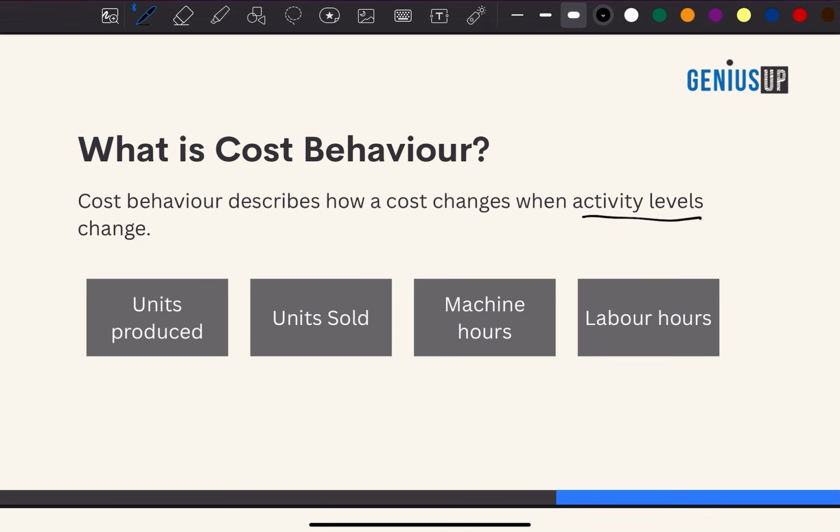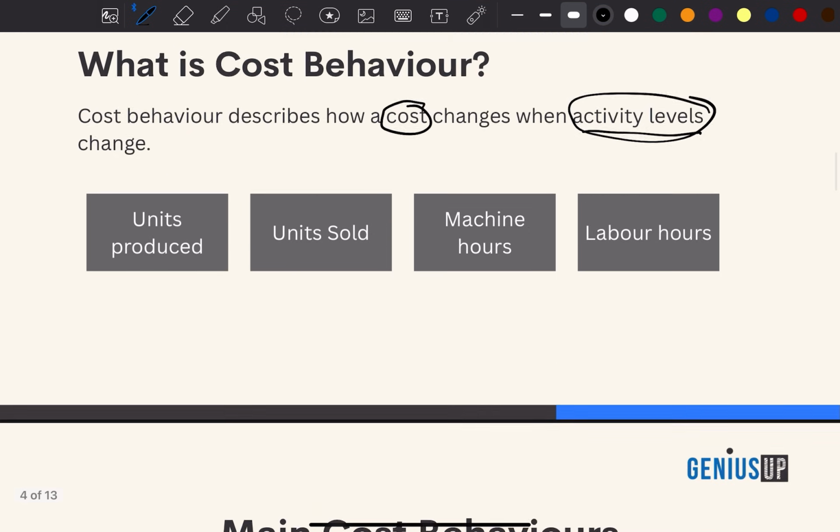If we sell more units, does the cost stay the same or change? If we use more machine hours, or more labor hours, does the cost stay the same or change? So that's cost behavior: how does cost react to a change in activity?